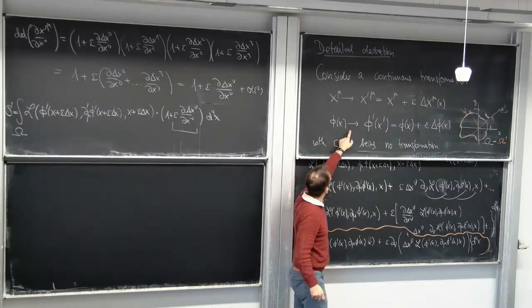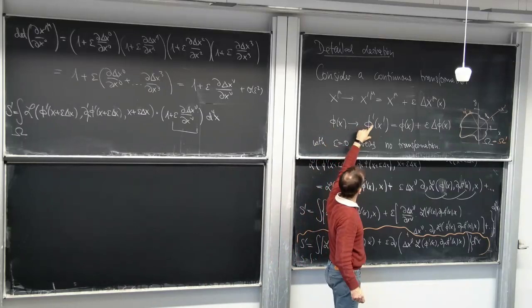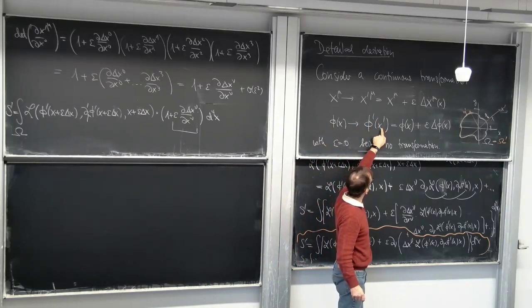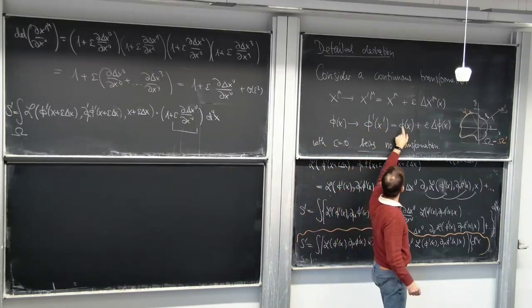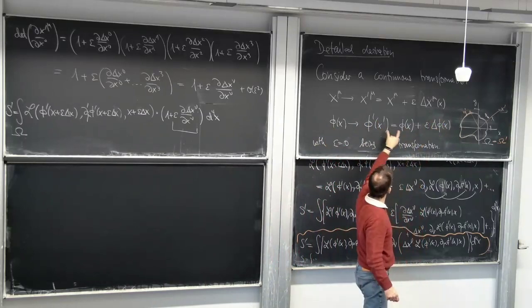It was more convenient, as I said, to write it as the new field in terms of the new coordinates. Because then, for example, the scalar field doesn't have this term. Very easy to write down.